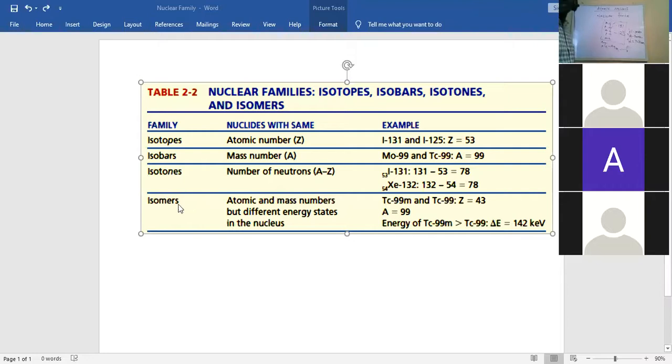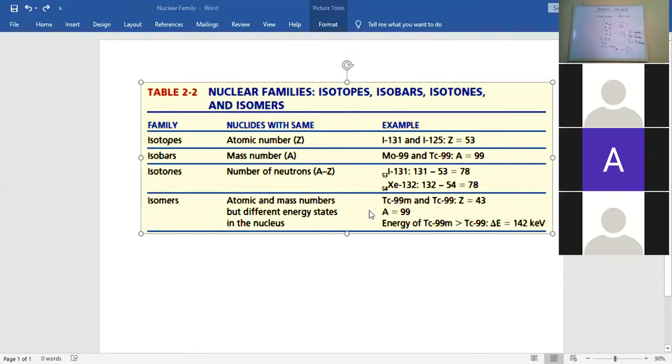And for the last one here, isomers, the one I talked about, technetium 99m and technetium 99, they have the same atomic number and the same mass number. Of course, that tells us they have everything in common. But they have different energy states.